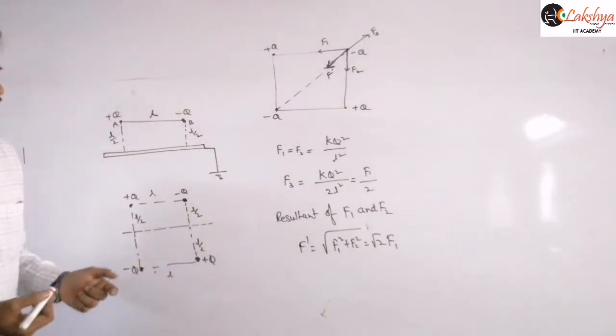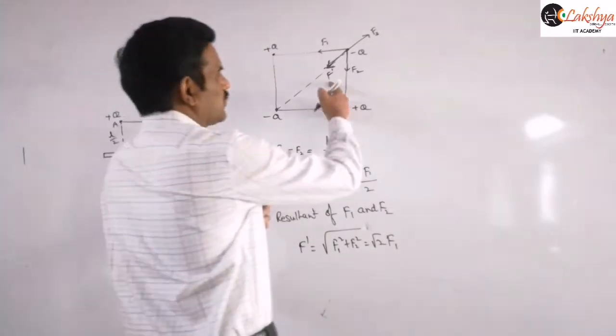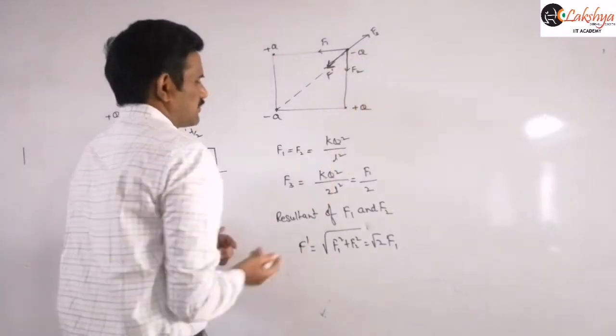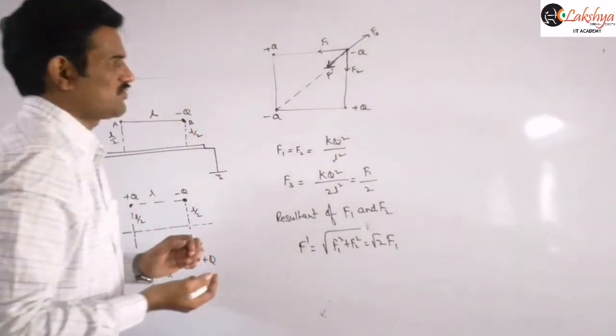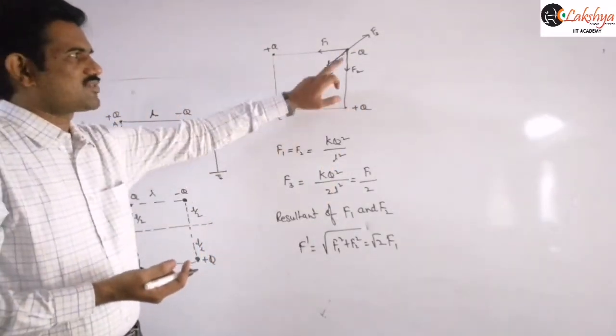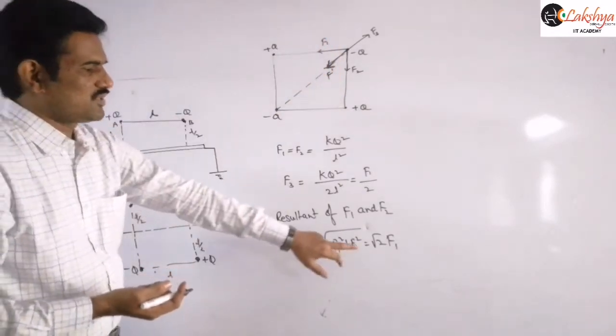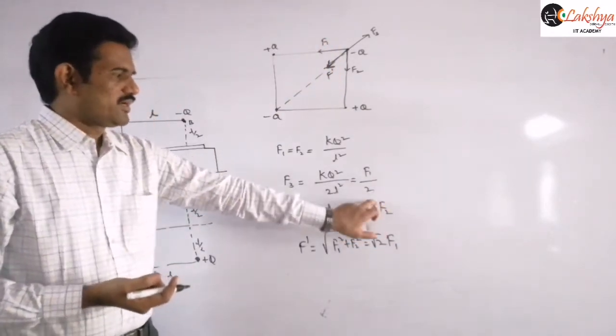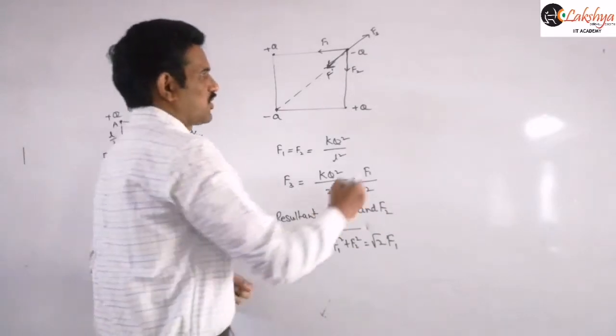Next, we need to write the resultant of these two values. You can observe this F dash value will be larger than that of F3. This is root 2 times F1, and F3 is F1 by 2, and both are opposite to each other.